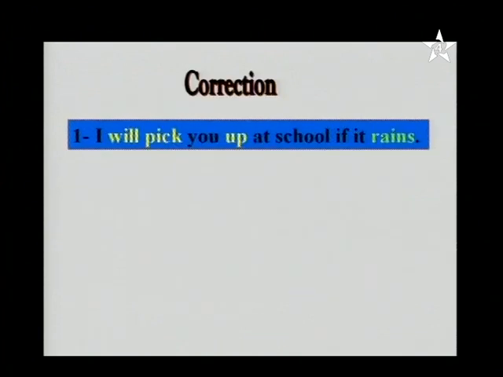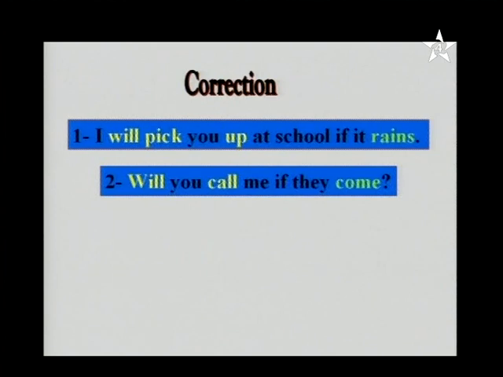Correction. Sentence 1, I'll pick you up at school if it rains. So the verb in the if clause is conjugated in simple present, as we said before, while I will pick you up is conjugated in simple future. Sentence number 2, will you call me if they come? Likewise.